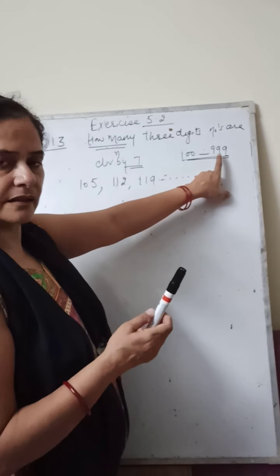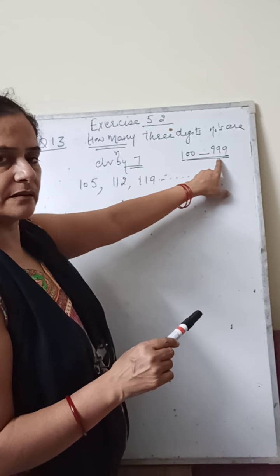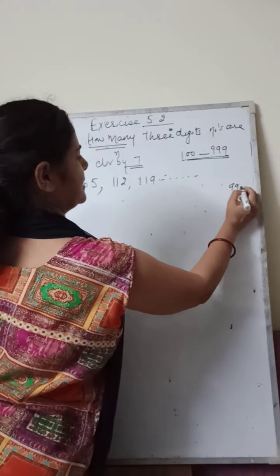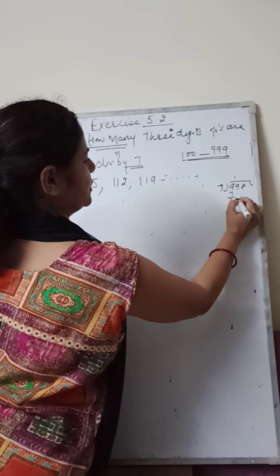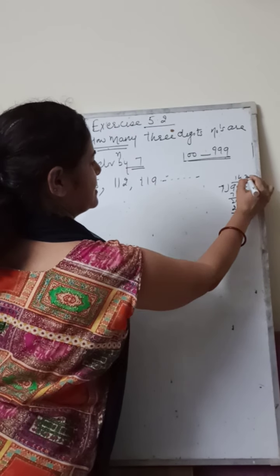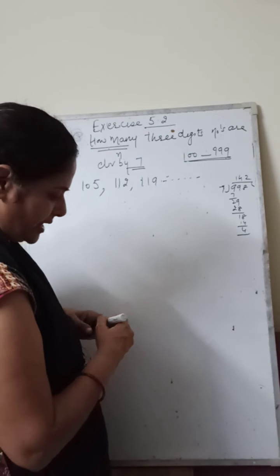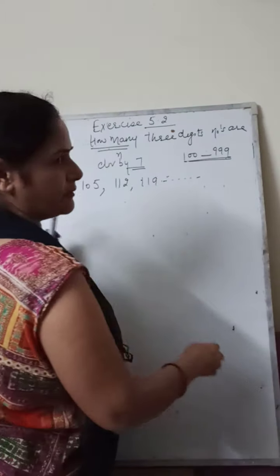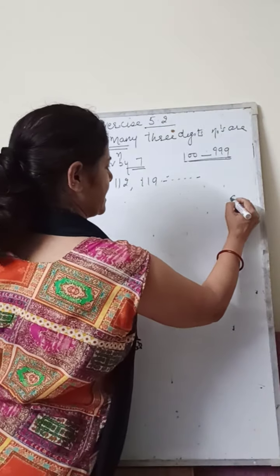999 is not divisible by 7. 998, not divisible by 7. 7 1 the 7, 2 9, 7 4 the 28, 1 8, 7 2 the 14, 4 remainder. So it is not divisible, right? Similarly, 997 also not, 996 also not. Just check 995.